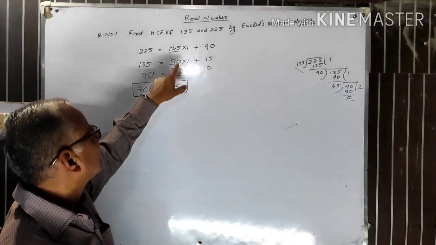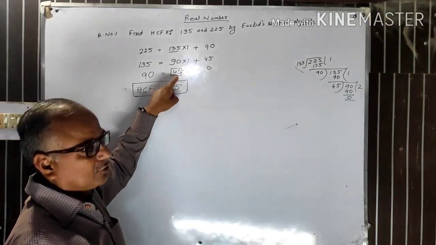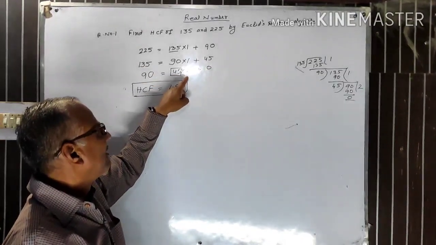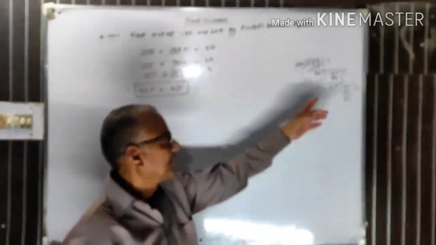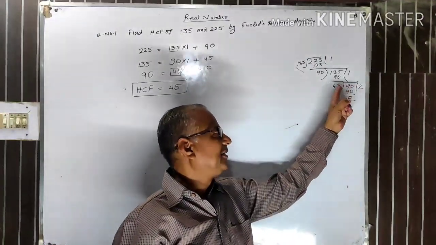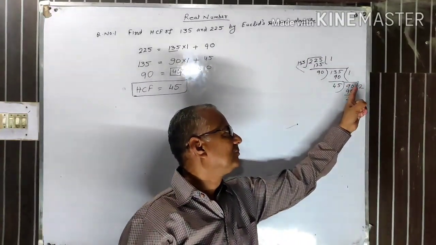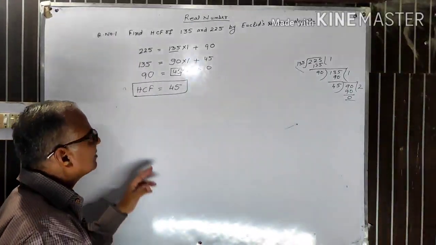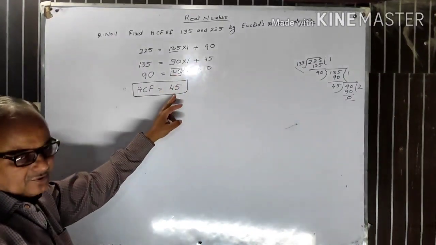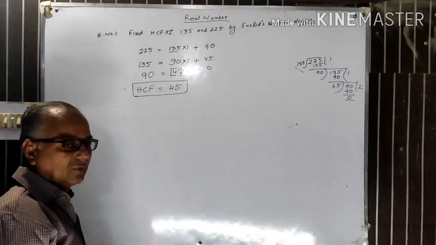Now you divide 90 by 45: 90 is equal to 45 multiplied by 2 plus 0, and the remainder is 0. So your HCF is 45. Okay.